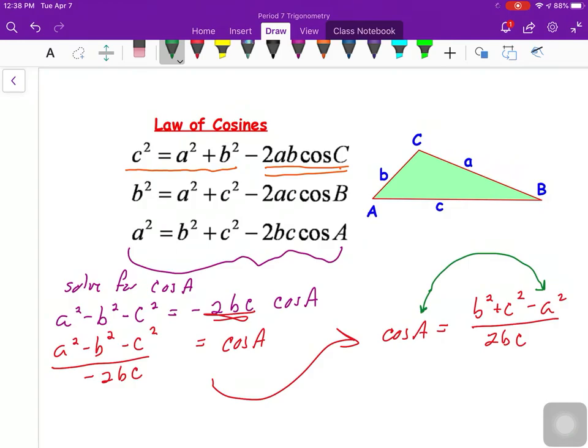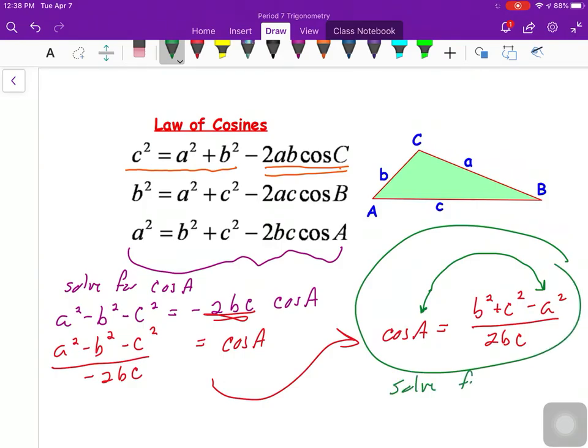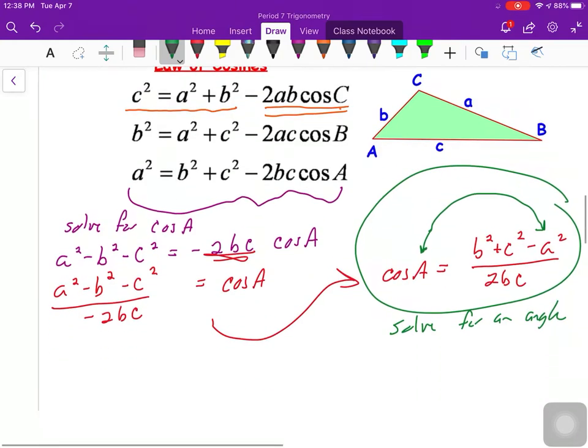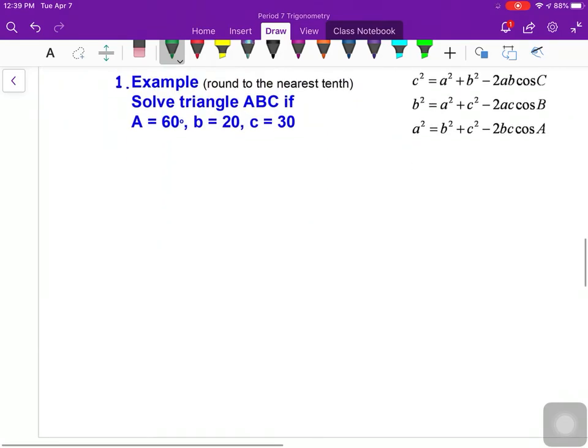So the way I remember this arrangement is, whichever angle I have here, that's the side that's squared and subtracted on the top. The other two sides are used in both of the other positions, top and bottom. So this is what we will use when we're solving for an angle.